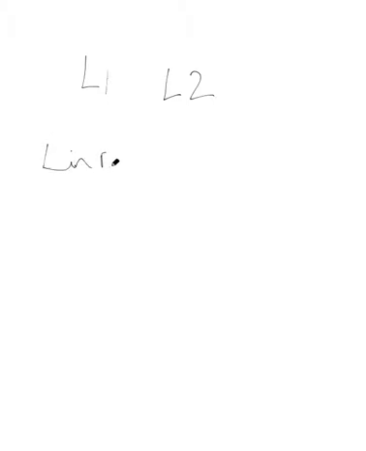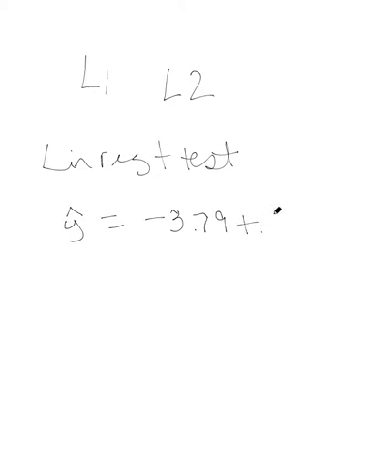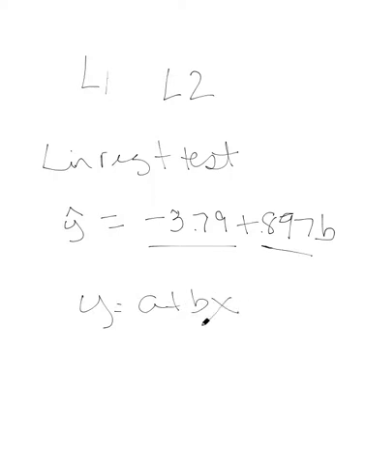I did a linear regression t-test, and using my a's and b's to plug in, I got y equals minus 3.79 plus 0.897x. This is the a value, this is the b value that prints out in your calculator, and up above it says y equals a plus bx. You did this on some of your homework problems, so I think this was section 10.3.